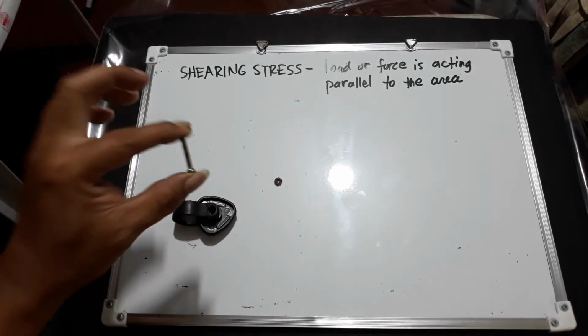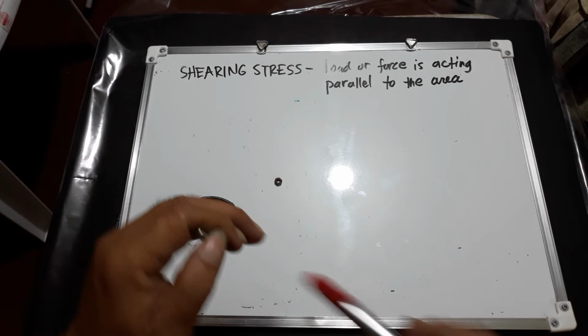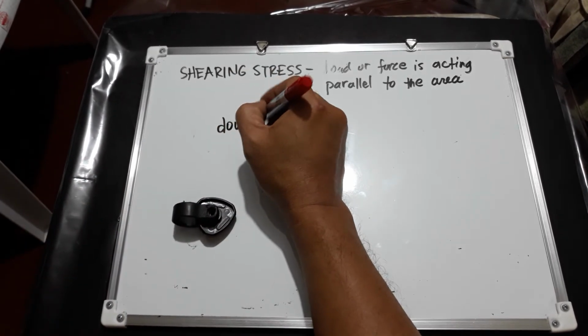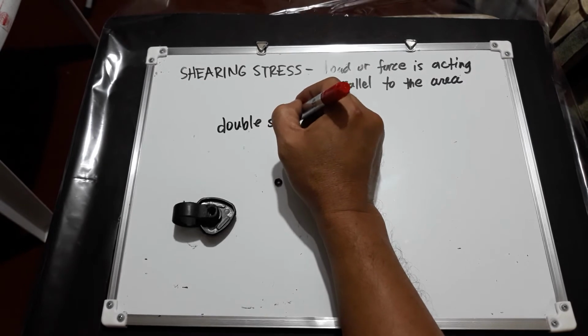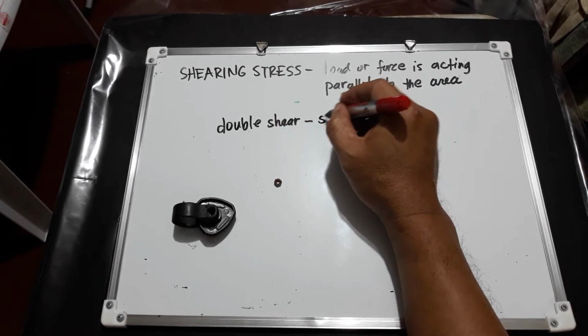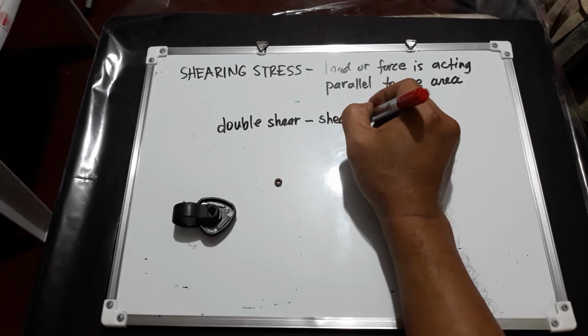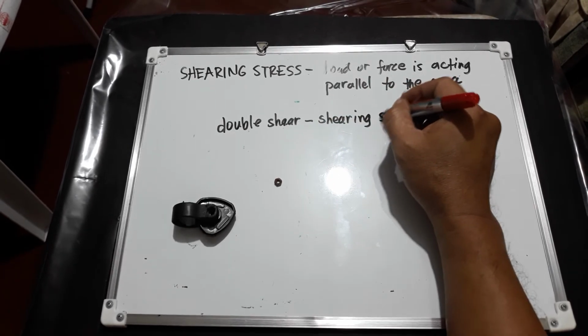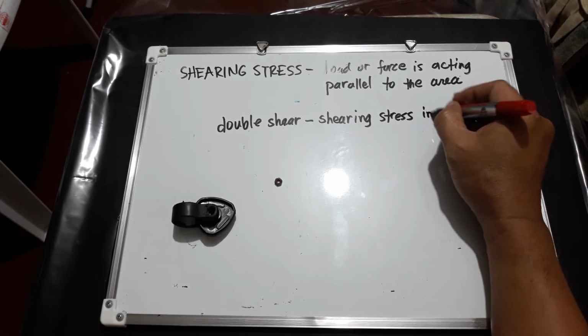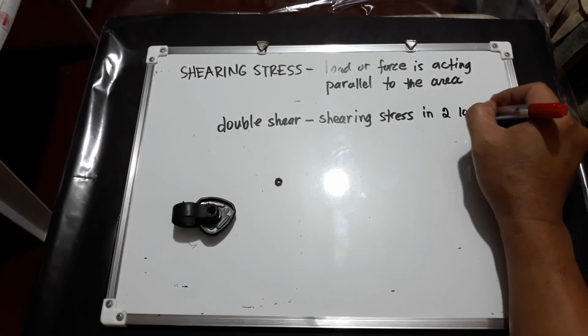So this is a case of a double shear, because the shearing stress is found in two locations.